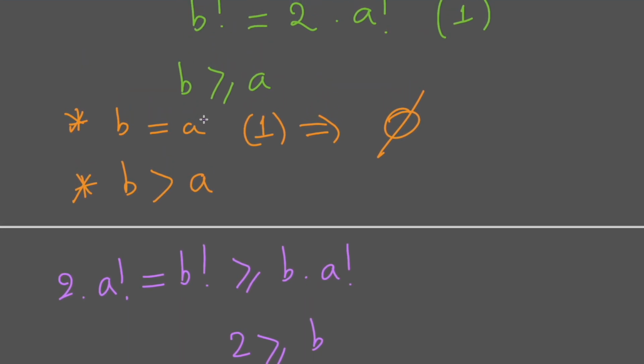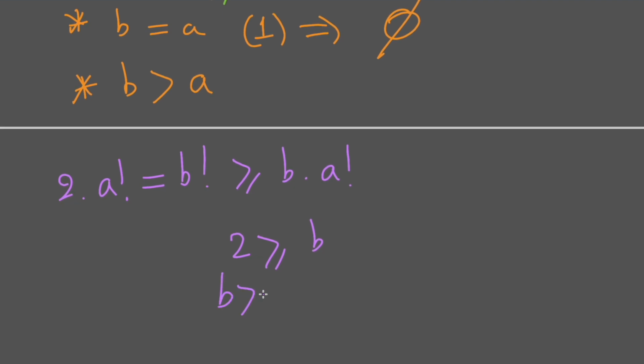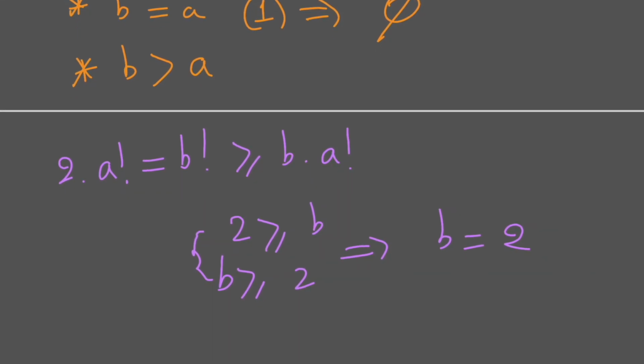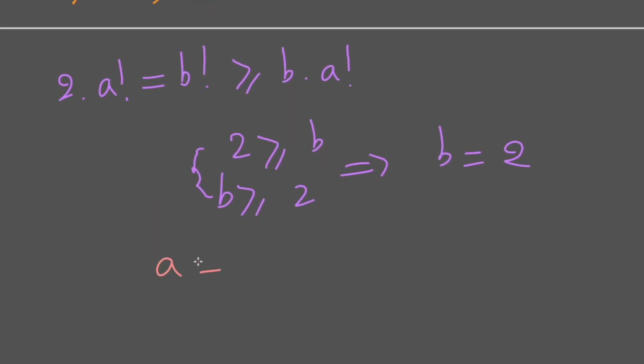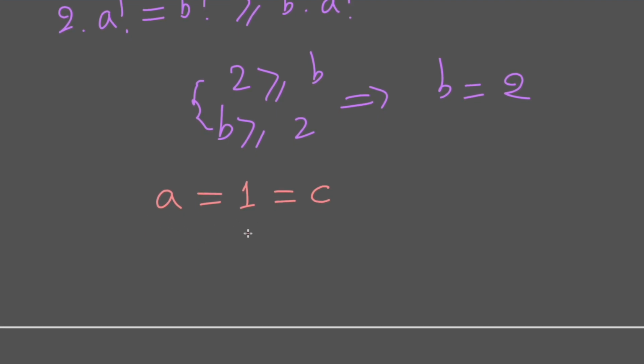However, b is greater than or equal to 2 because b is greater than a. Then from these two, b has to be equal to 2. If b equals 2, a will equal 1 and c also equals 1. Finally, you would have the set of solutions, that is (2, 1, 1) or (1, 2, 1). That's all.